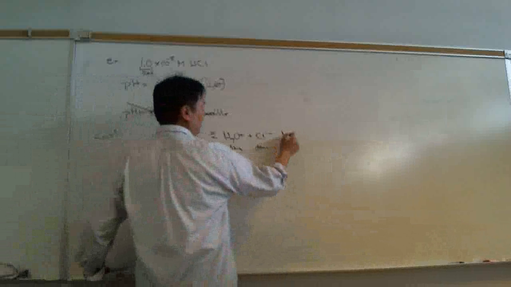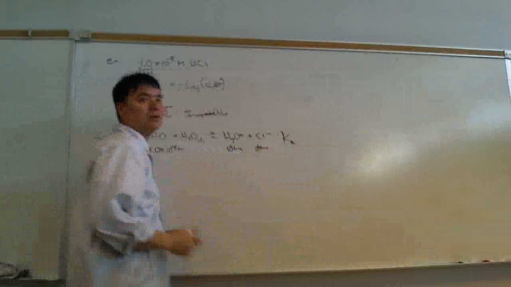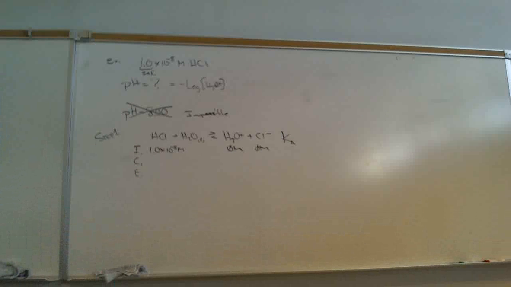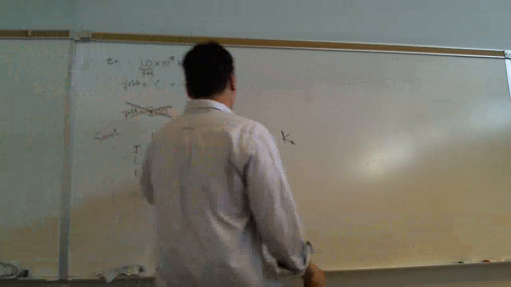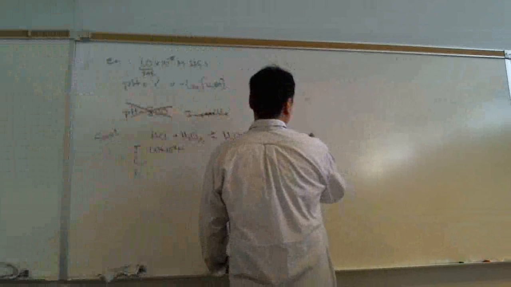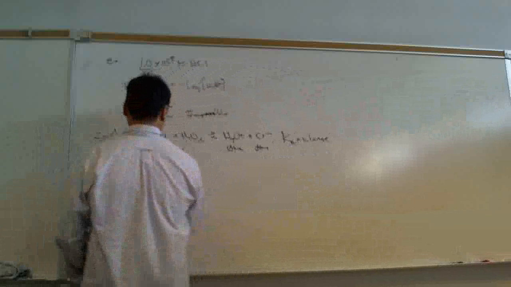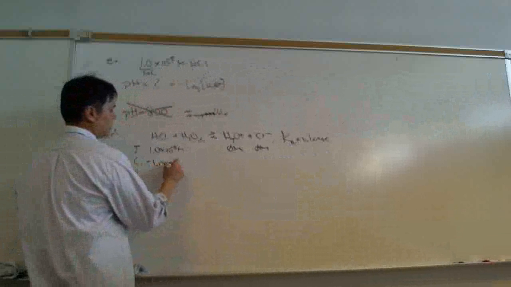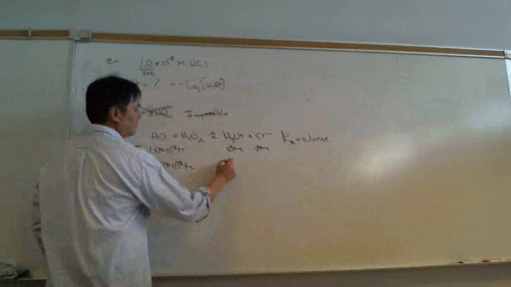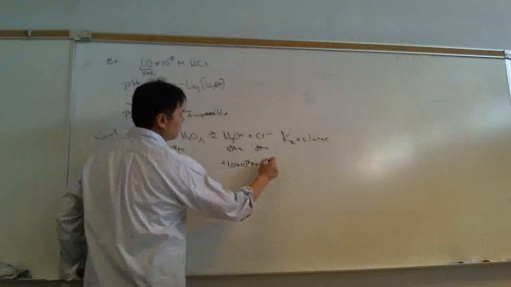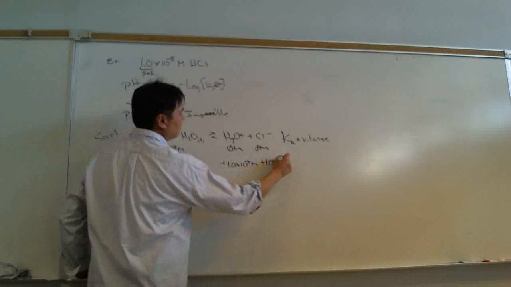We know that Ka, A stands for acid or acid dissociation constant. Ka is very large. A very large Ka means we just go to completion. This is going to be minus 1.0 times 10 to the minus 8 molar, plus 1.0 times 10 to the minus 8 molar, plus 1.0 times 10 to the minus 8 molar.